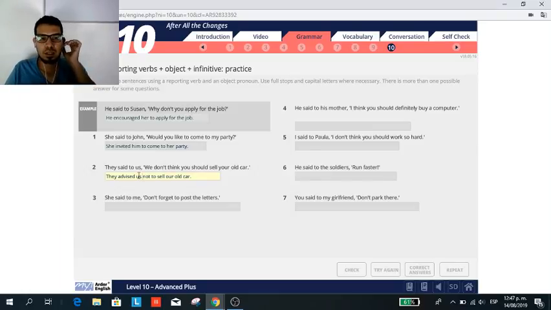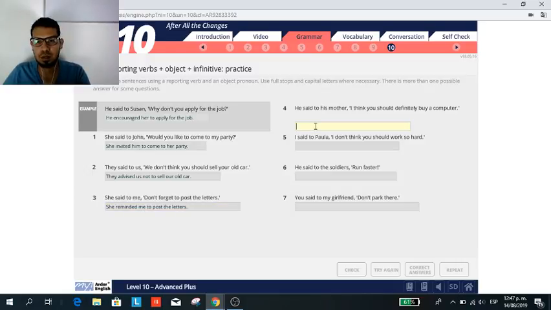They advised us not to sell our old car. She said to me, don't forget to post the letters. Okay, she reminded me to post the letters.